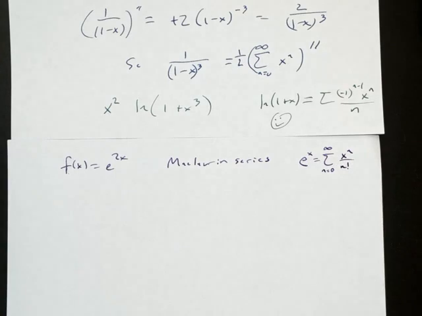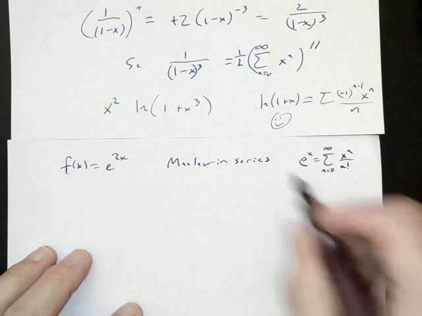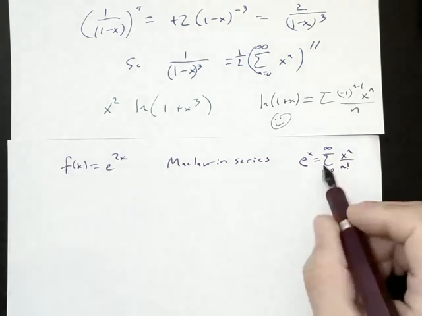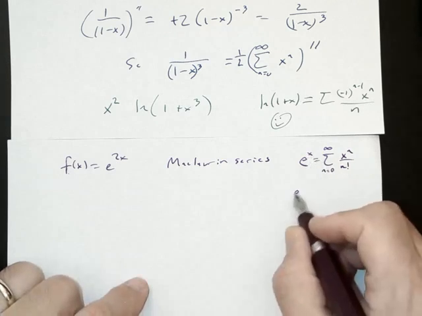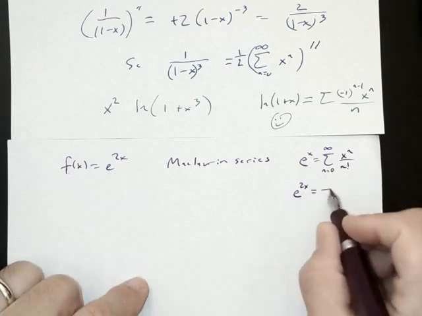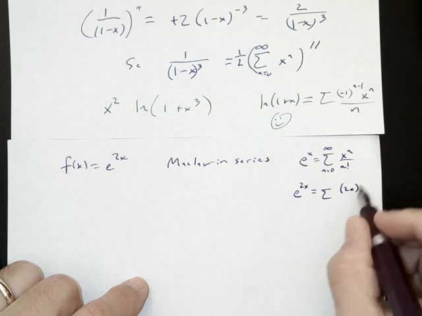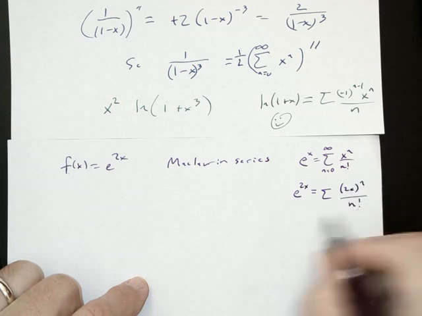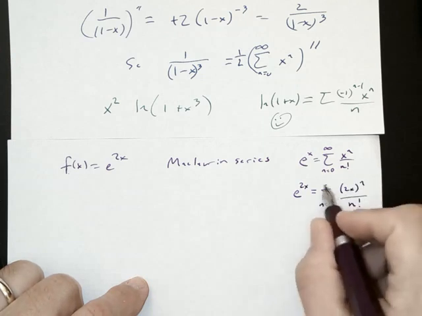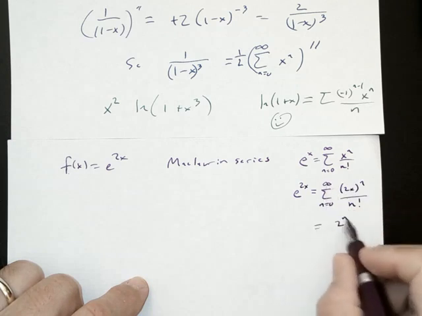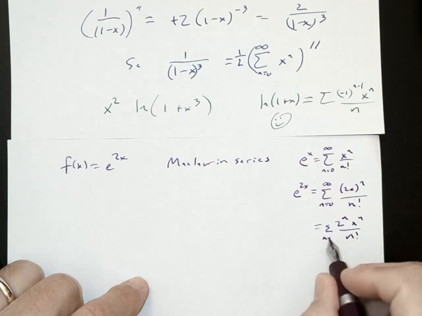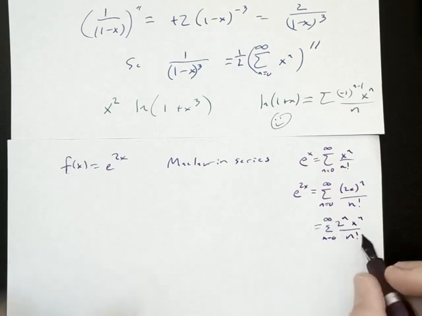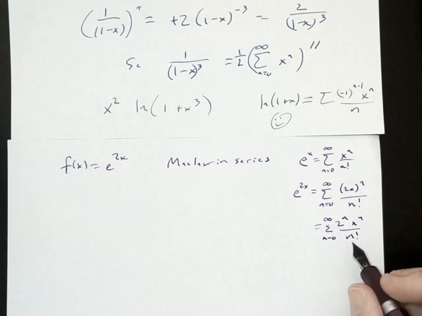These are series you should know but don't have to. If I just put in the 2x, then e to the 2x would be the sum of (2x) to the n over n factorial, which is 2 to the n x to the n over n factorial.